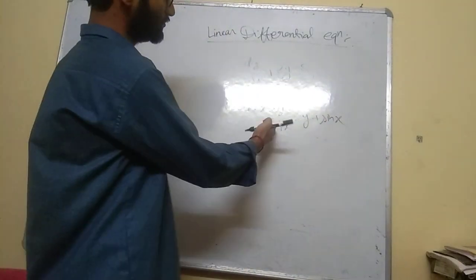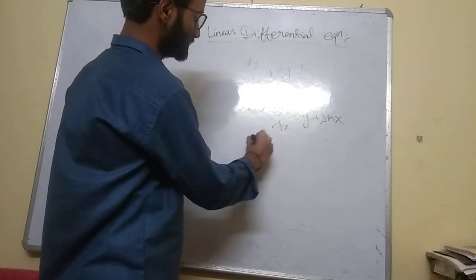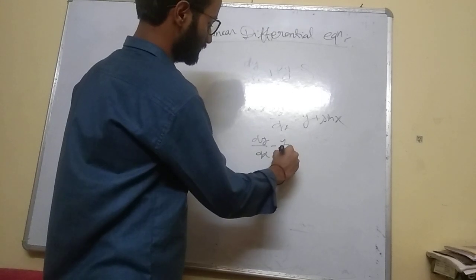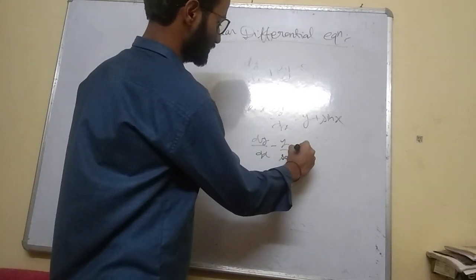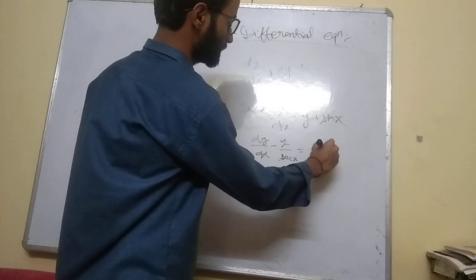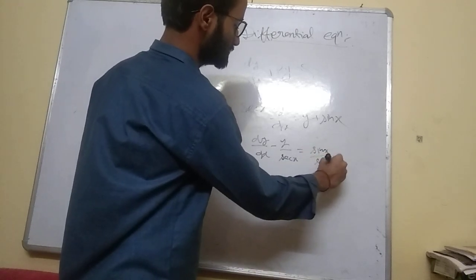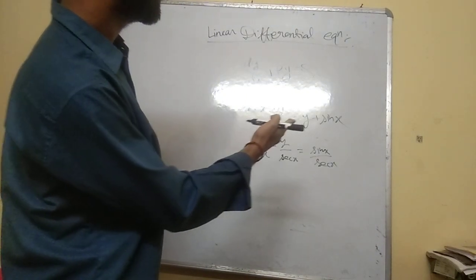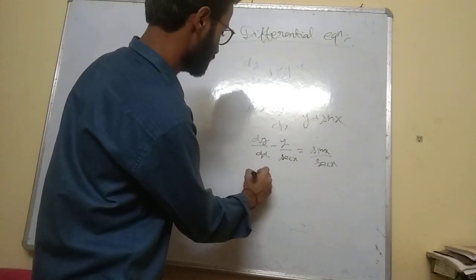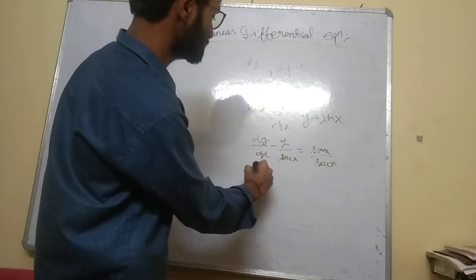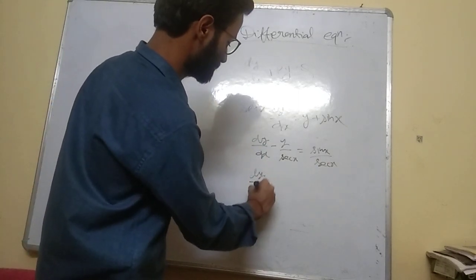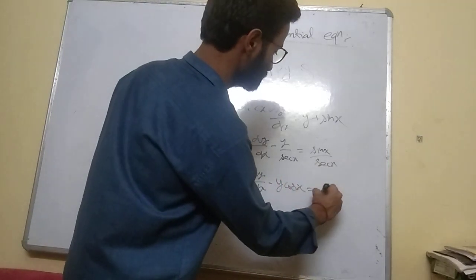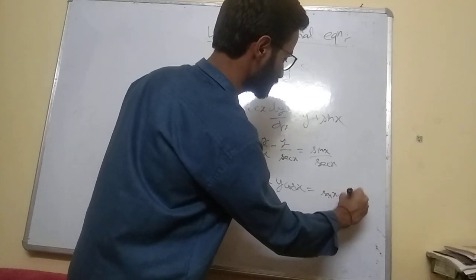So now it is very easy, you can separate the sec x, so this will become dy by dx minus y by sec x is equal to sin x multiplied by sec x. Or you can write dy by dx minus y cos x is equal to sin x into cos x.